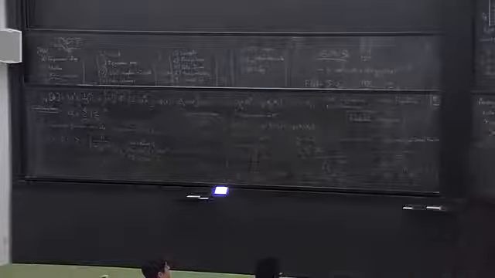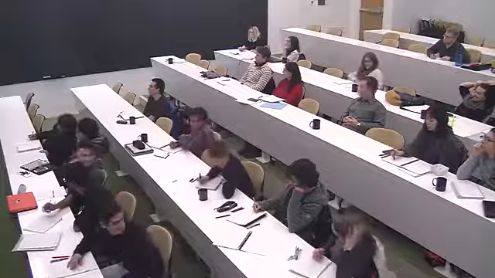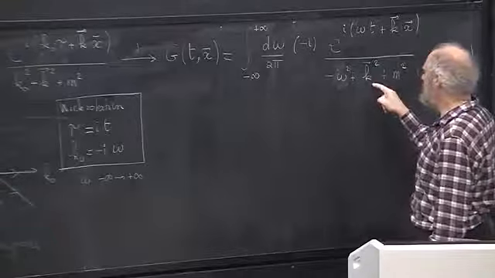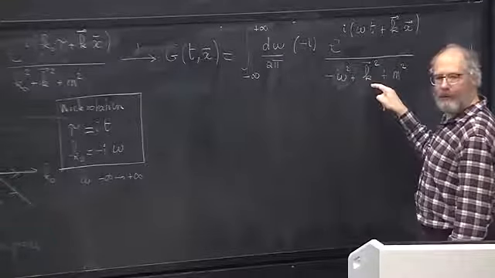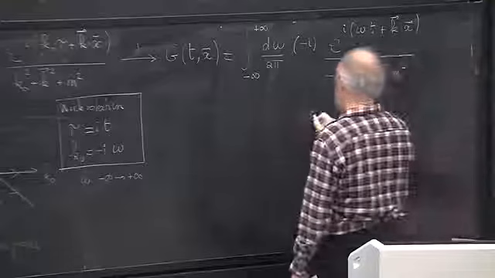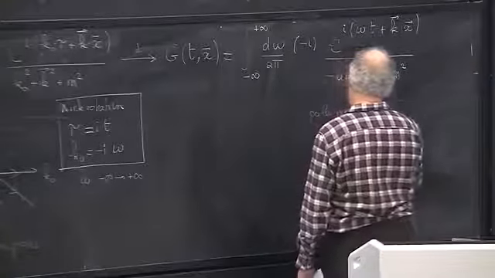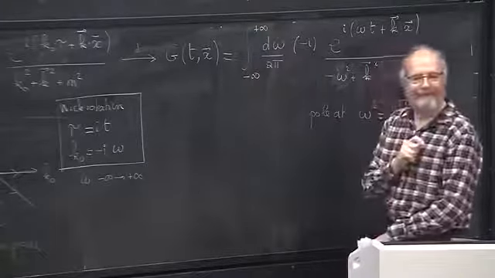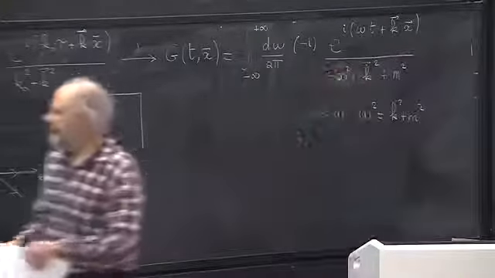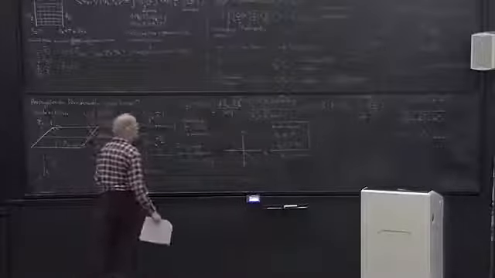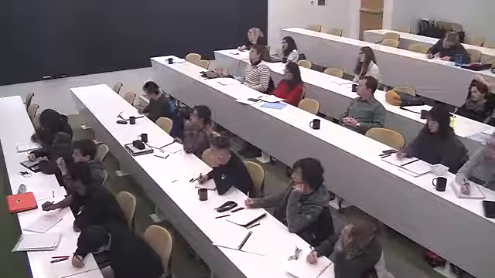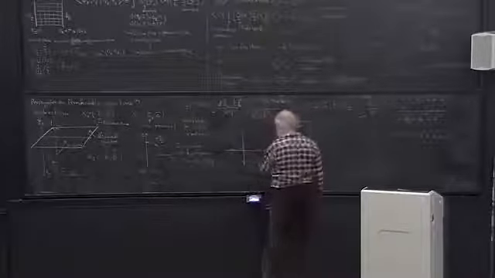Okay, so now we are almost done. You just have to remember that now in the omega and k variables, this has a pole at omega squared equal k squared plus m squared. Which reflects the fact that in the original integral, this has a pole at k naught squared equal minus k squared plus m squared, which is negative.